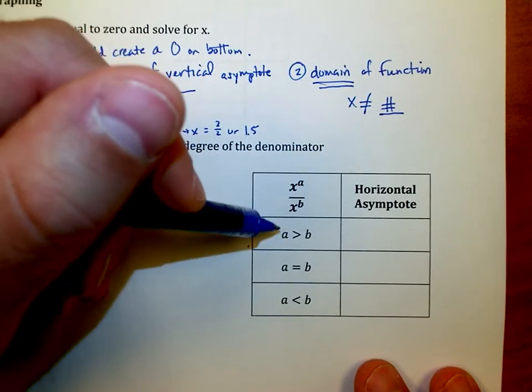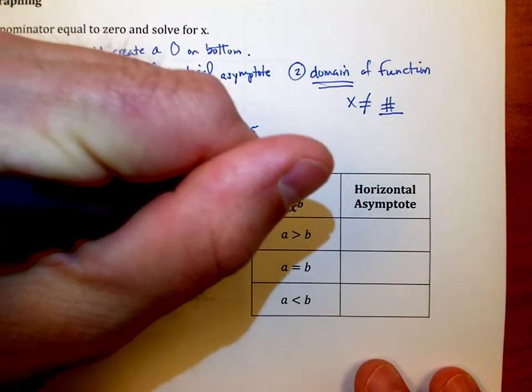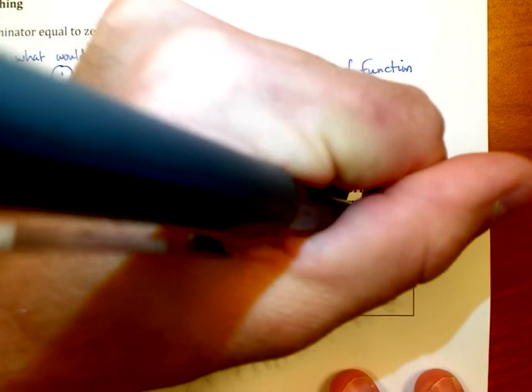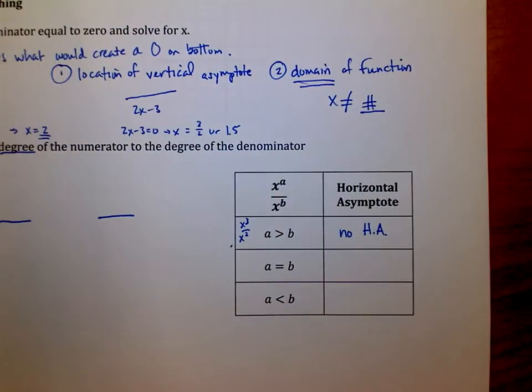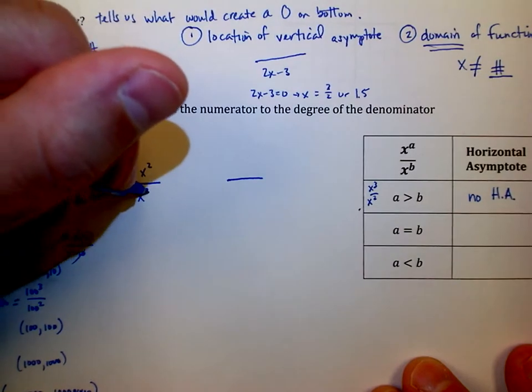If the top power is bigger than the bottom power, like this x cubed over x squared, it grows continually, and I have no horizontal asymptote because it never levels off. The horizontal asymptote is that idea of where it levels off to. Okay, so what happens if I have something like x squared over x squared?